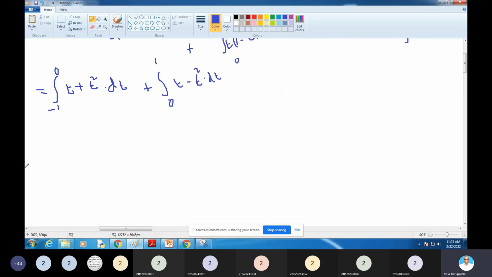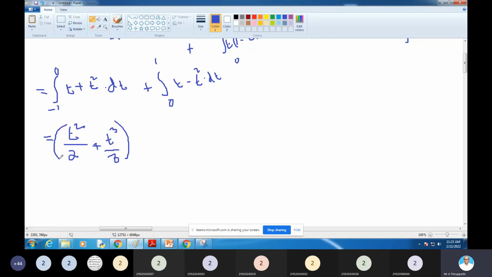Now integrate: the integral of t is t square by 2, plus the integral of t square, t cube by 3.